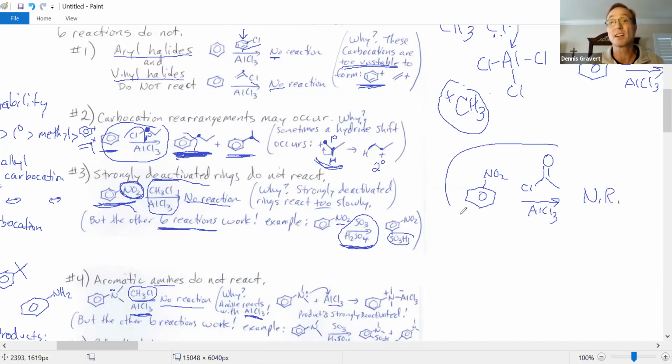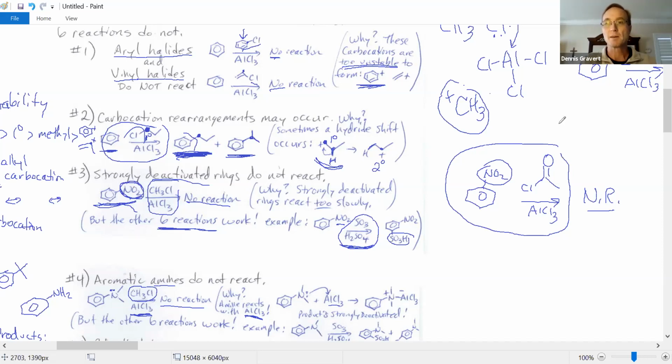So I could put this on the exam. I say, hey, predict the product. You could just write N.R. or you could write the words no reaction. Don't leave it blank. I won't know that's what you mean. Put something there that says, sorry, that won't work because this is too deactivated. This group deactivates the ring. Doesn't work.